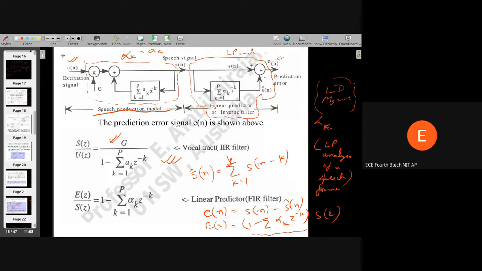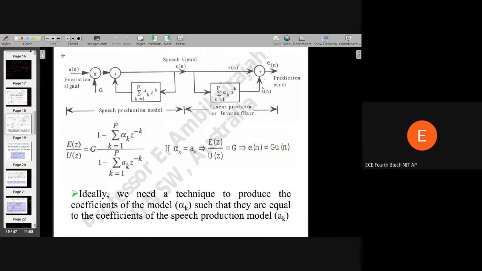So let's see what happens. This is what I am saying. If you take this as a total system, this is S(z), then this is E(z). That is why I changed the nomenclature from e(n) to e1(n) in the source filter theory, because it helps us in analysis.